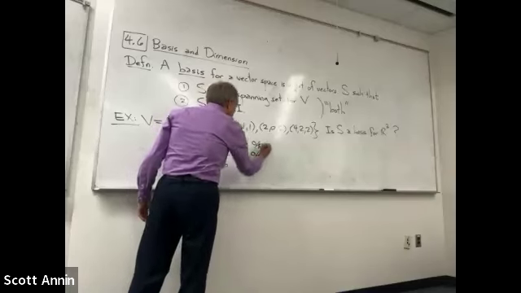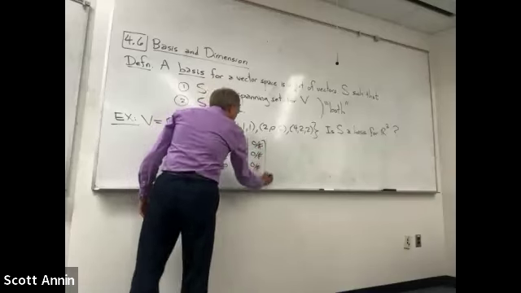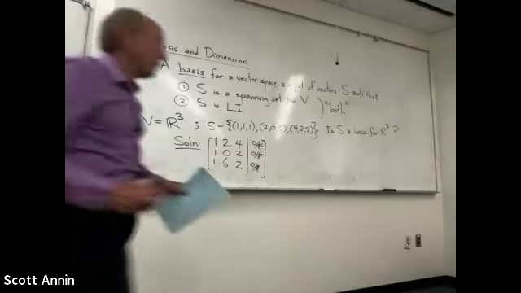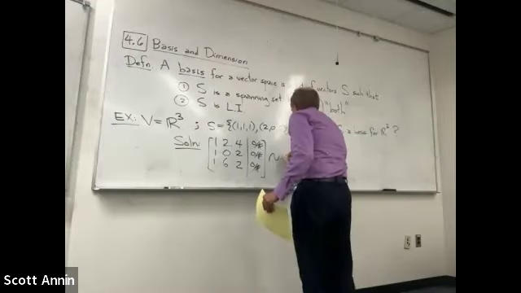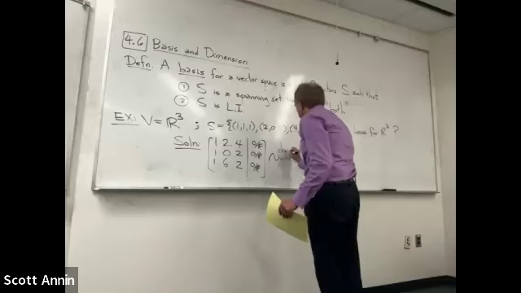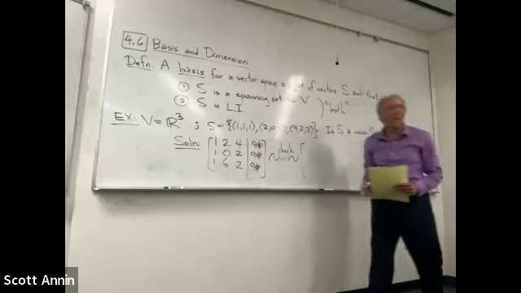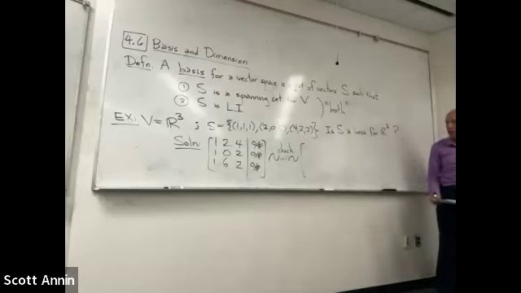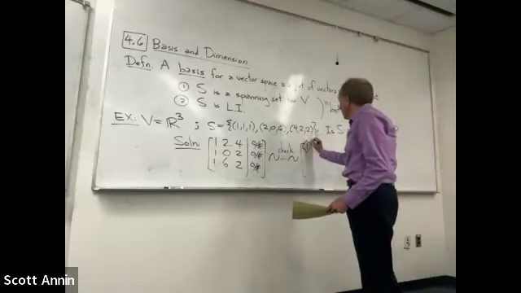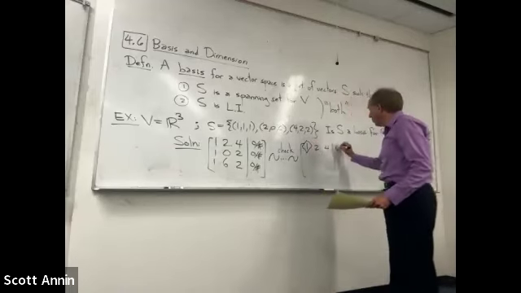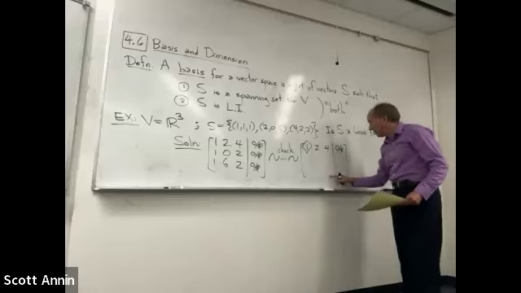And I'm going to multitask and augment this with either zeros or number symbols. I'm not going to do them independently, I'm going to just do them together. And I would like you guys to take my word for the EROs because I want to get to the punchline here. So we'll skip showing all of our work on the EROs, but I will give you the row echelon form here. First row stays the same.